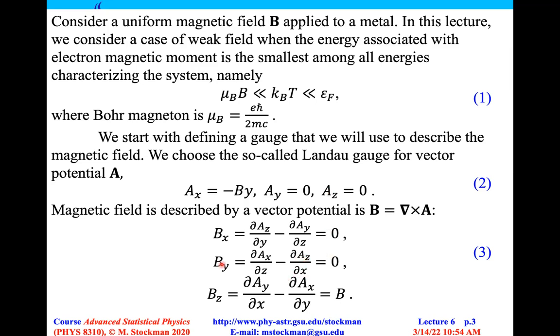Az is 0, so By is 0. Bz, d over dx Ay is 0, this term is 0. Minus d over dy Ax, and this derivative is minus B, with this minus gives us B. So this vector potential does describe a uniform magnetic field, B, applied in the z direction.